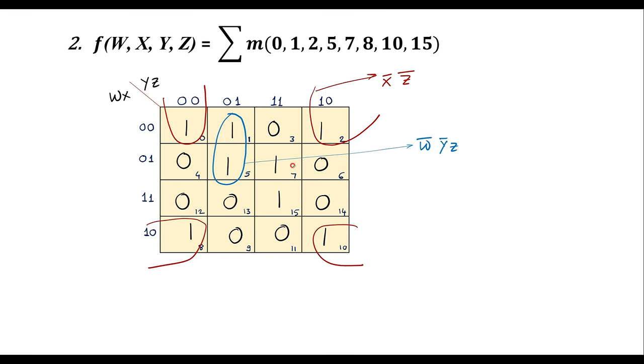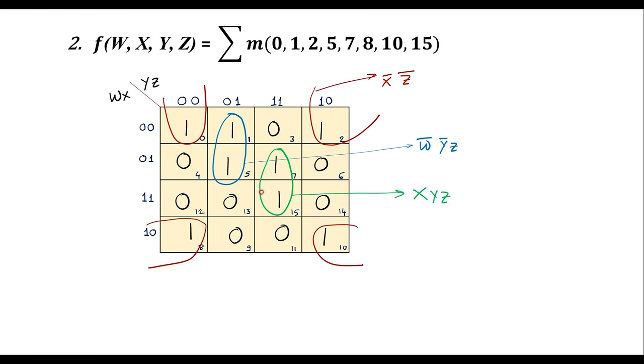Here we can observe that these two ones I can make a pair. Quad is not possible. It is common between these two rows, common is 1, which is x, and with respect to this column, that is y z.